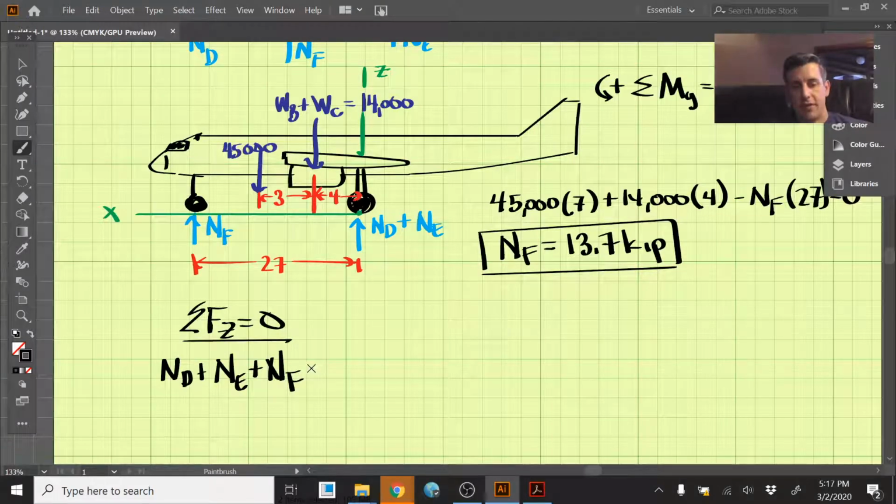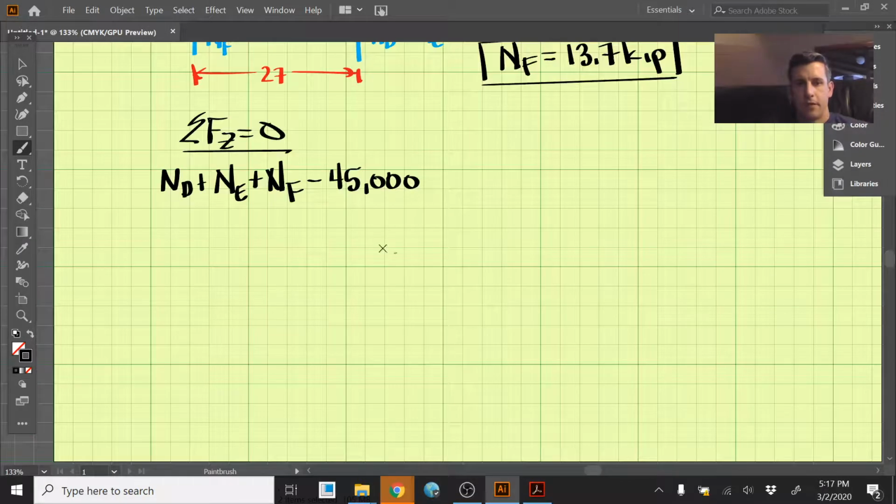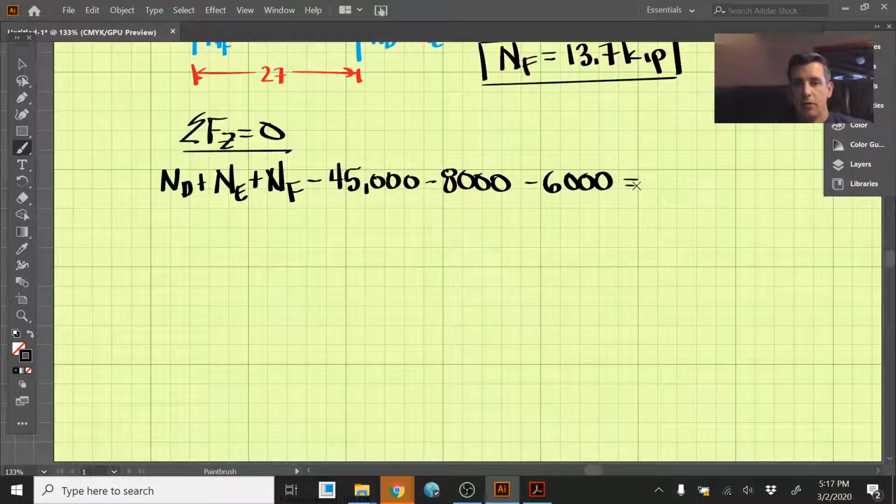Then we have all the downward forces: 45,000, and 8,000 and 6,000 also acting downward. So we have negative 8,000 and negative 6,000. It's in equilibrium, so the sum of the forces in z should equal 0.